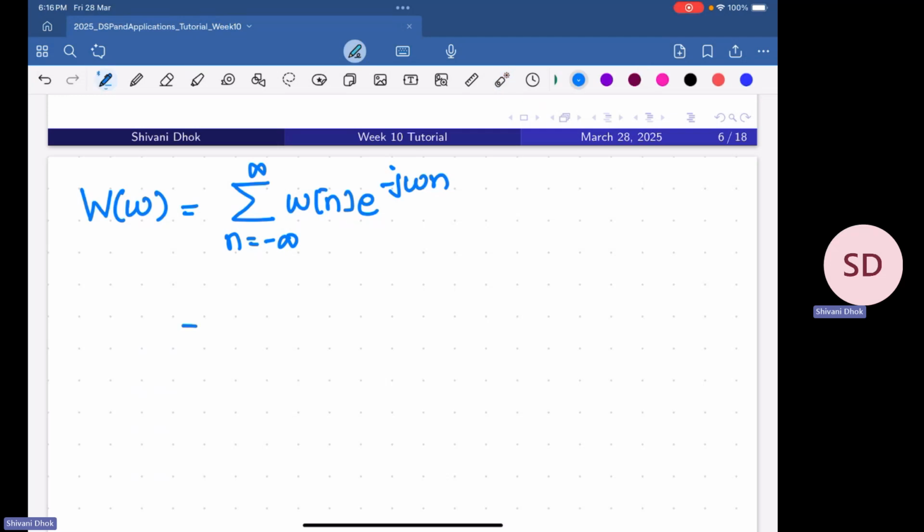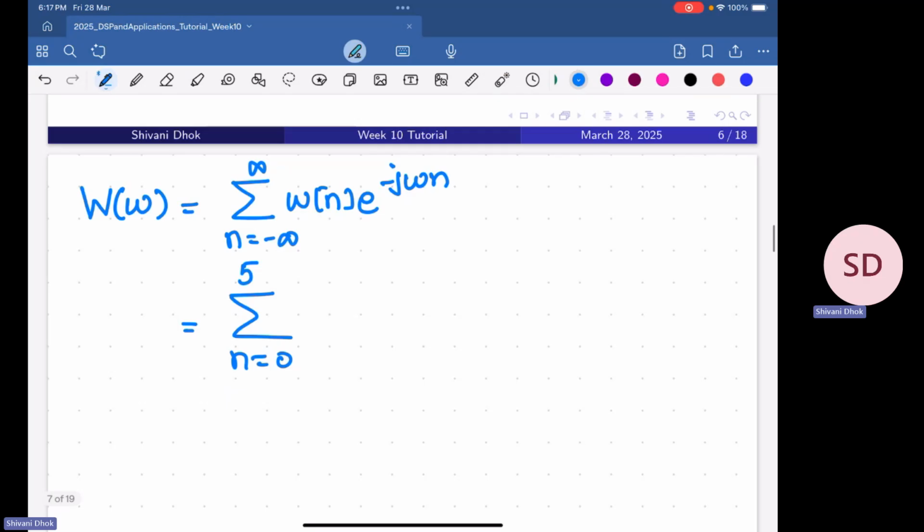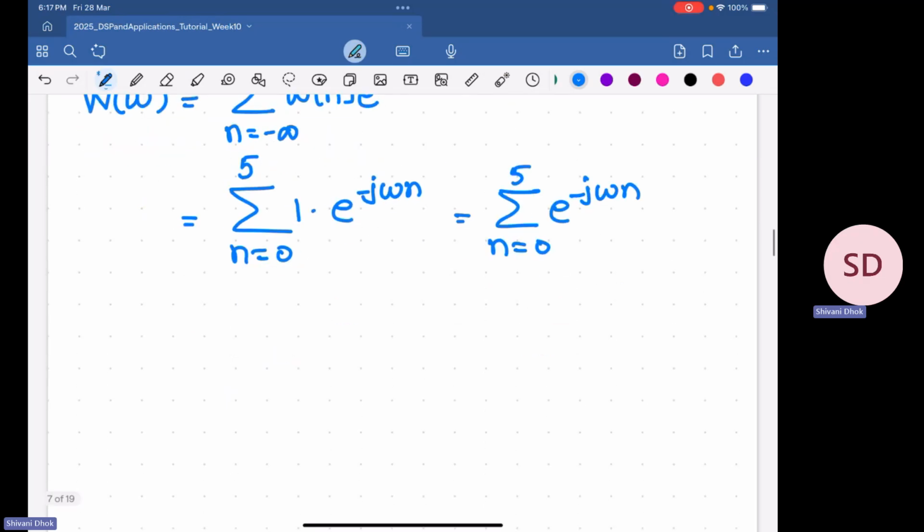So this is equal to summation n equal to 0 to 5, and in this range my W of n is equal to 1 into e power minus j omega n. Okay, so this is basically summation n equal to 0 to 5 e power minus j omega n.